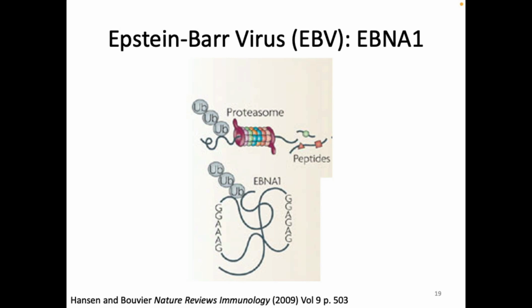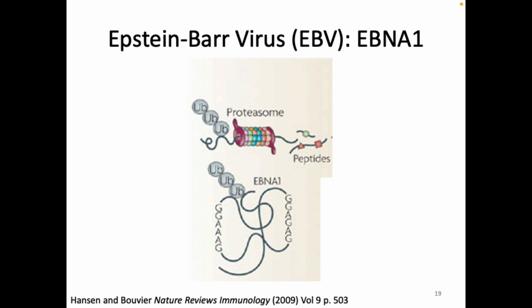One thing I should mention about processing on class 1 and class 2, but especially class 1 in general, is that if you remember, we talked about the fact that self-peptides are always being presented, right?